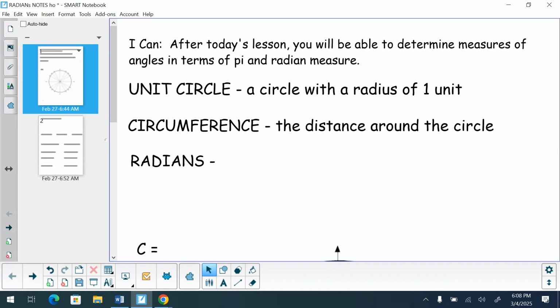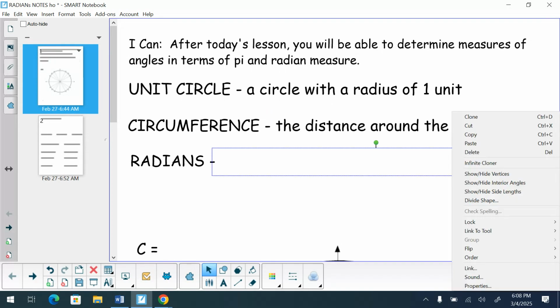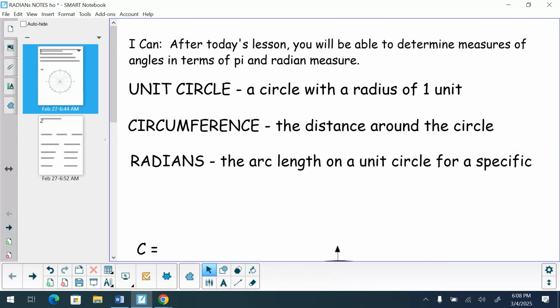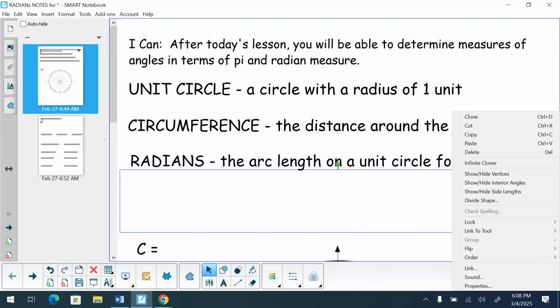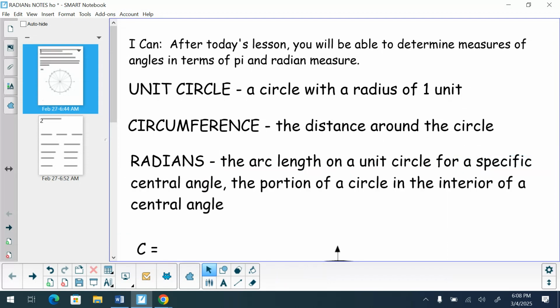Well, when you're talking about the idea of a radian, a radian is an arc length on a unit circle for a specific central angle.